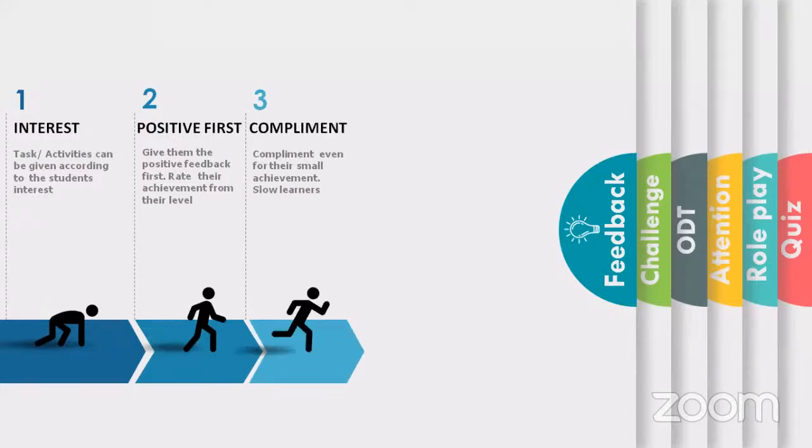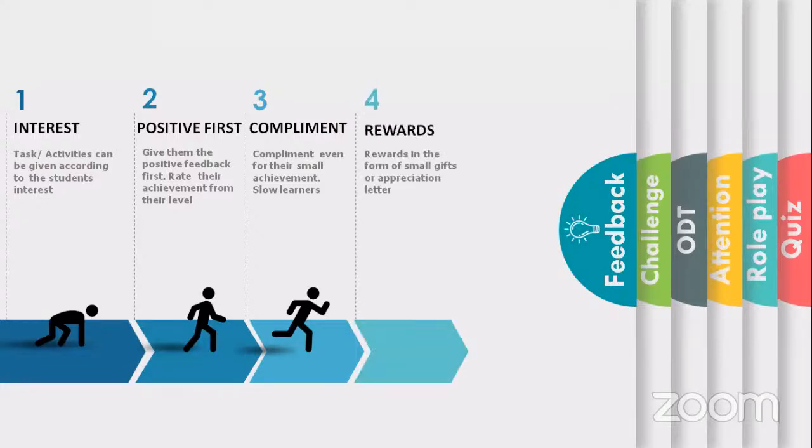Okay, then I'm just showing step by step what I'm going to give as feedback. I'm also giving an image, like a student at the starting stage. When I'm giving feedback, positive first, then the student gets up. That means the dull students now become active. And then if I compliment them, they become more active, and then give rewards, then they run faster.